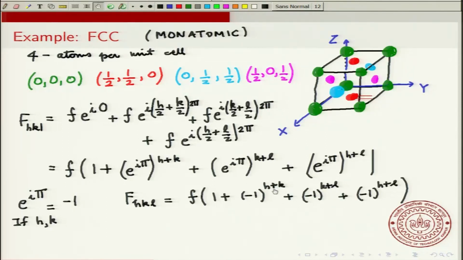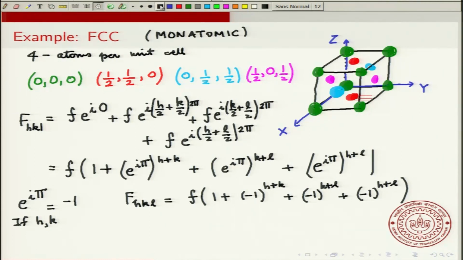Okay. Now if k plus L is odd, this term will be minus 1 and so on. If h plus k is even, then this will be plus 1. Okay. So, now you can see that if h plus k, k plus L, h plus L are all even, okay, then each of these will be 1, and you will have a structure factor that is 4.